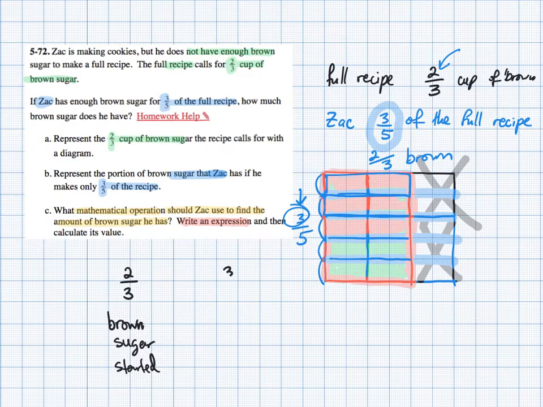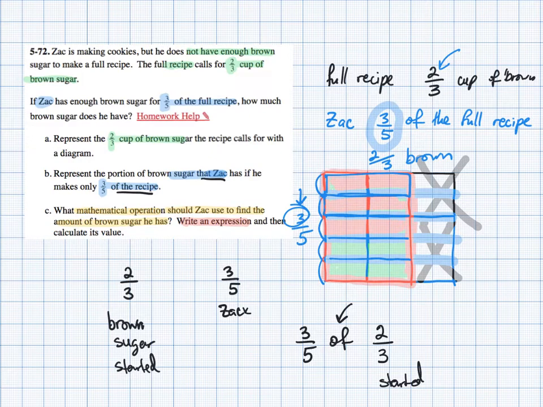They gave us that Zach can only use that. So for the expression, this one is Zach's. We needed to find 3/5 of the original 2/3. The one I started with was the original. And what operation is that? It becomes multiplication. So 3/5 times 2/3 is the expression with multiplication.